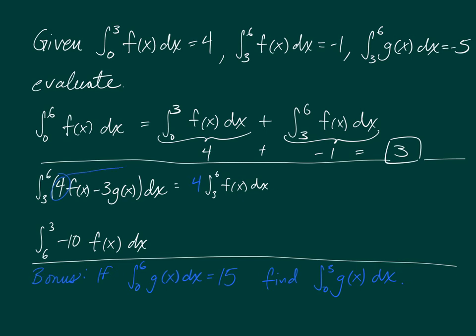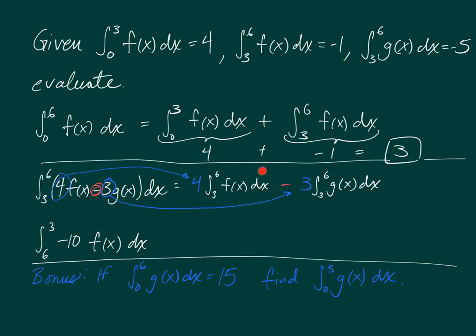Then we can use the sum and difference rule here. We can subtract the integral from 3 to 6 of g of x dx. And this 3 here can also be factored out front.